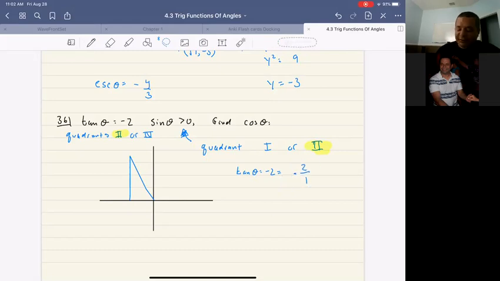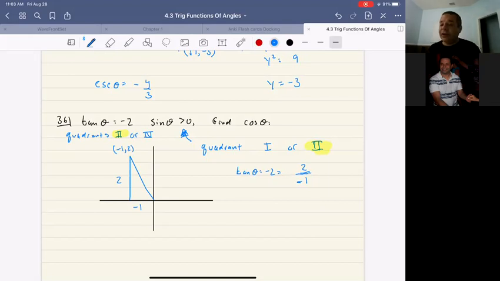But since it's in the second quadrant, I'm going to put the negative sign on the x. I don't really need to, but that's sort of what I'm thinking here. So we get -1 here, 2 here. This point here is -1 comma 2.